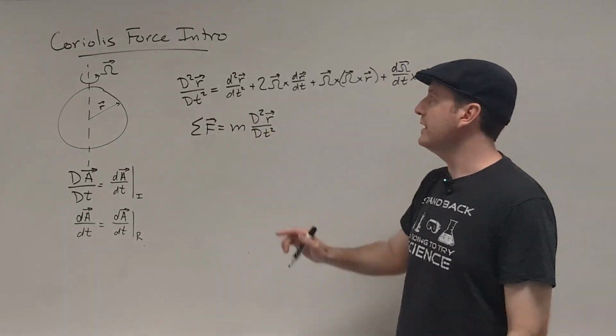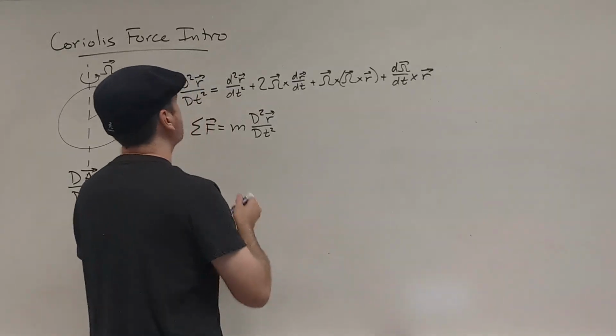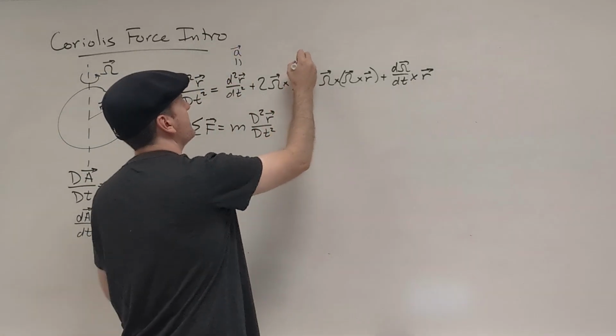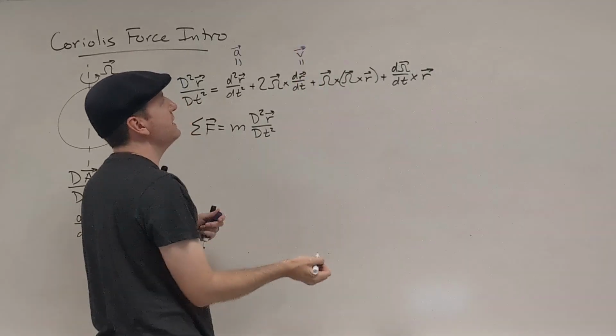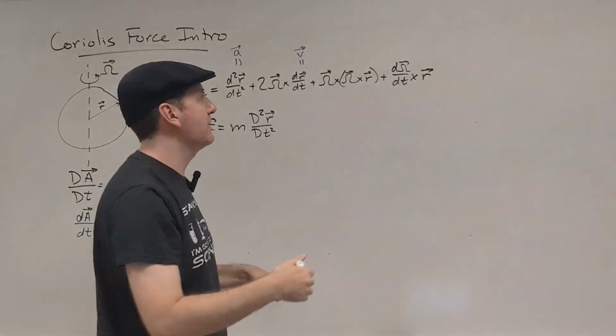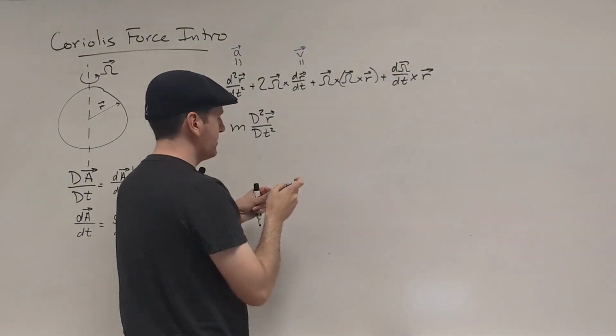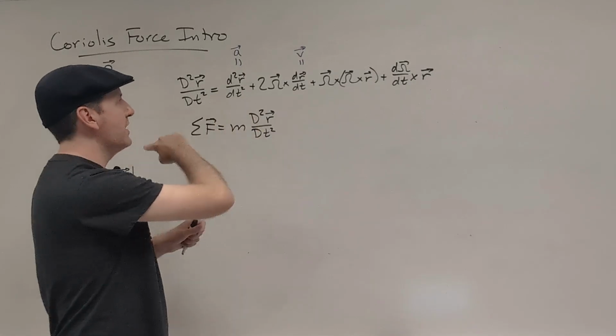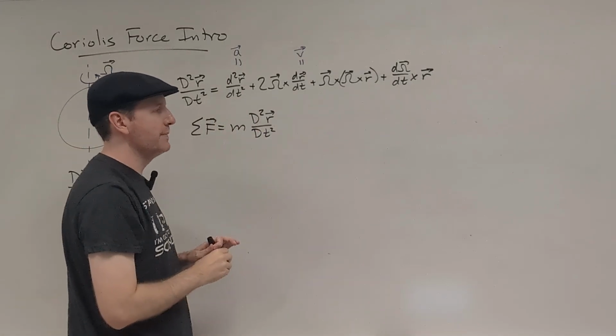So I'm going to go ahead and replace this with what I call A. I'll replace this with what we'll call V. It's the velocity in the rotating frame. And see if we can move all of these terms except for the A to the other side after multiplying by m.